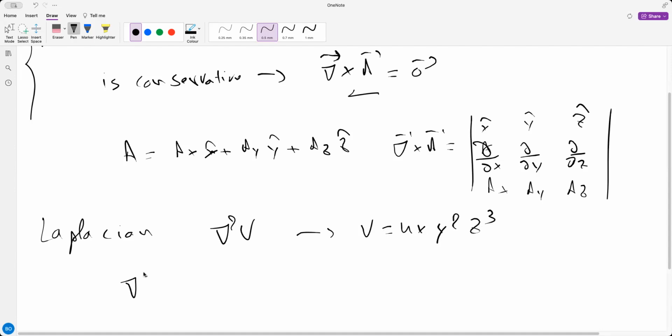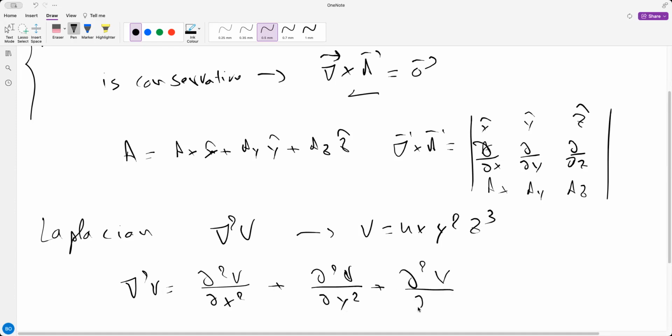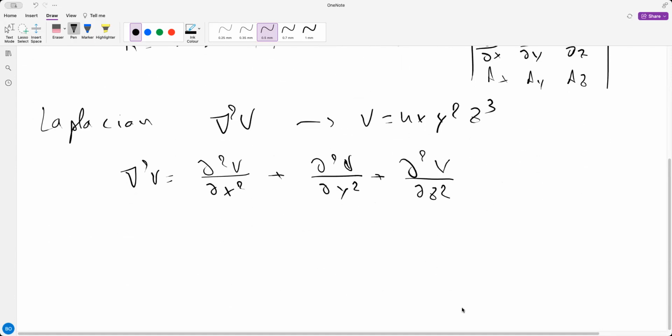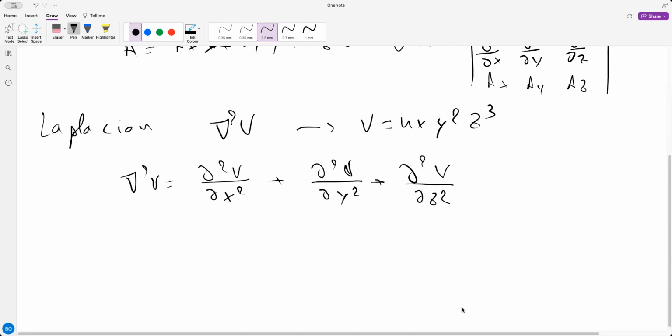We know that the Laplacian will be equal to the second derivative of V with respect to x, plus the second derivative with respect to y, plus the second derivative with respect to z. Then you can do the calculation. I think it's very easy to do.